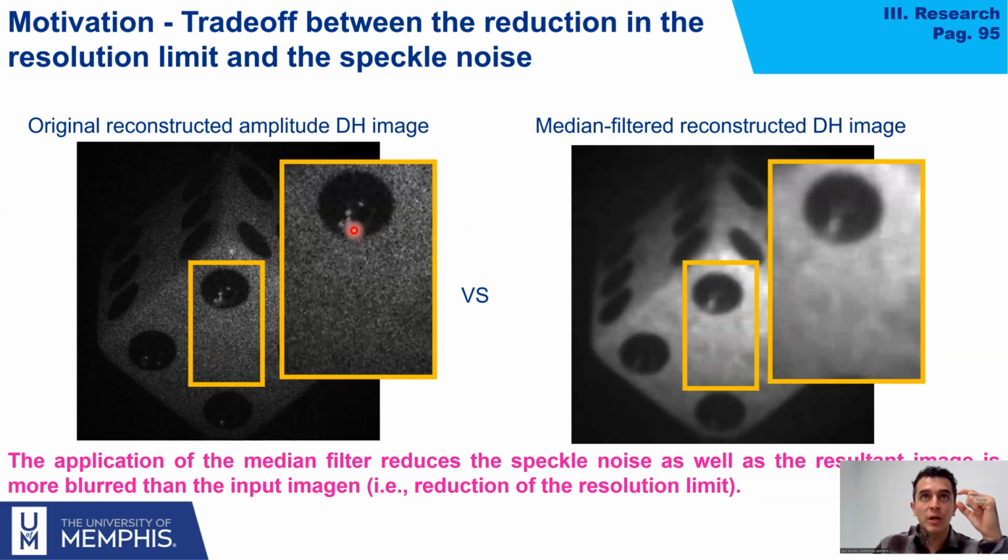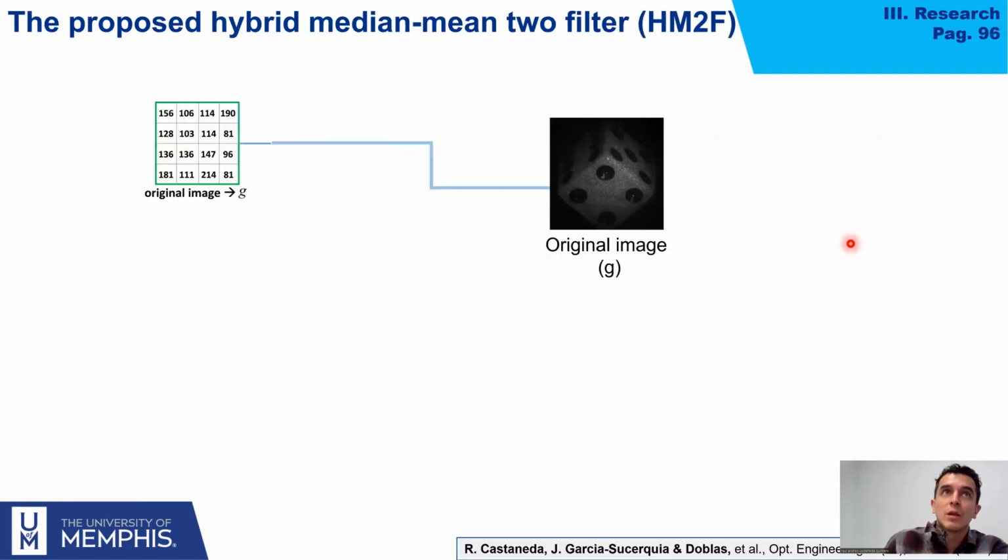Look, here you can say that there are 4 points, but these 4 points are completely deleted in the image after applying the median filter. So the application of the median filter reduces the speckle noise, but the resultant image is more blurred than the input image. So there is a reduction in the resolution limit, right?